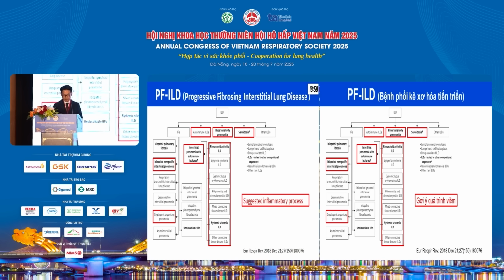The red outlined areas indicate conditions where inflammation is suspected to be associated with fibrosis, including idiopathic NSIP, OP, and IPAF, rheumatoid arthritis, PM/DM, MCTD, SSc, and other forms of ILD, and hypersensitivity pneumonia.